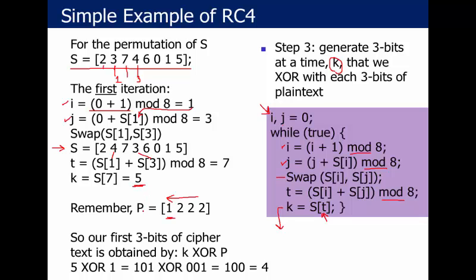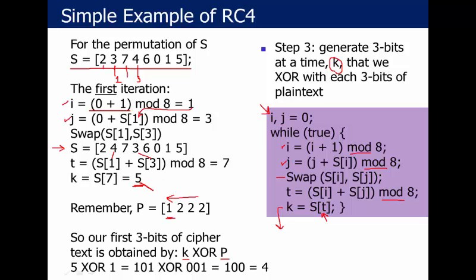So what we need to do is K exclusive OR P. K is the number 5, and P is the number 1. If you change these to binary code, 5 is 1, 0, 1, and 1 is 0, 0, 1.